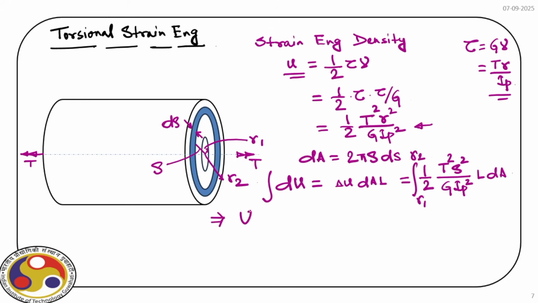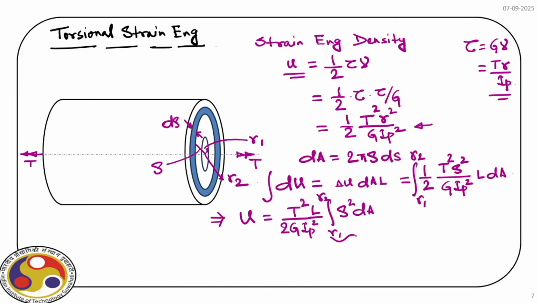On the left hand side we have capital U, the total strain energy, equal to T squared divided by twice G Ip squared, times the integral from R1 to R2 of rho squared dA, times L.